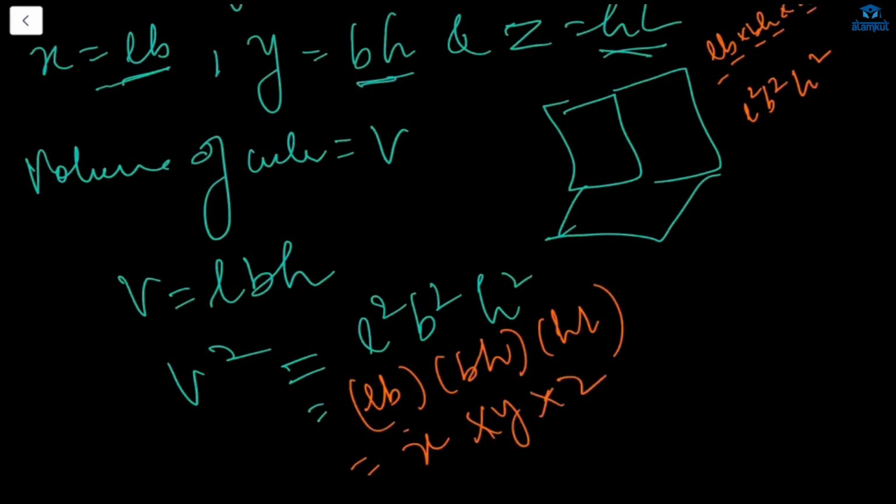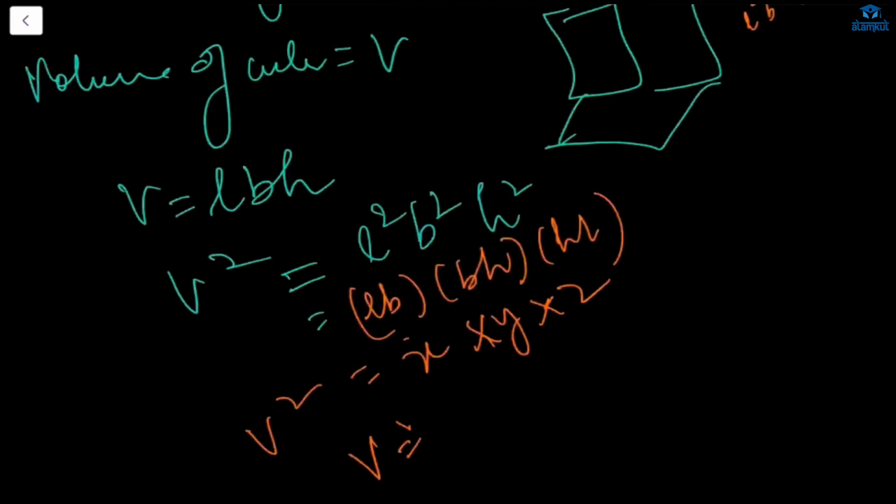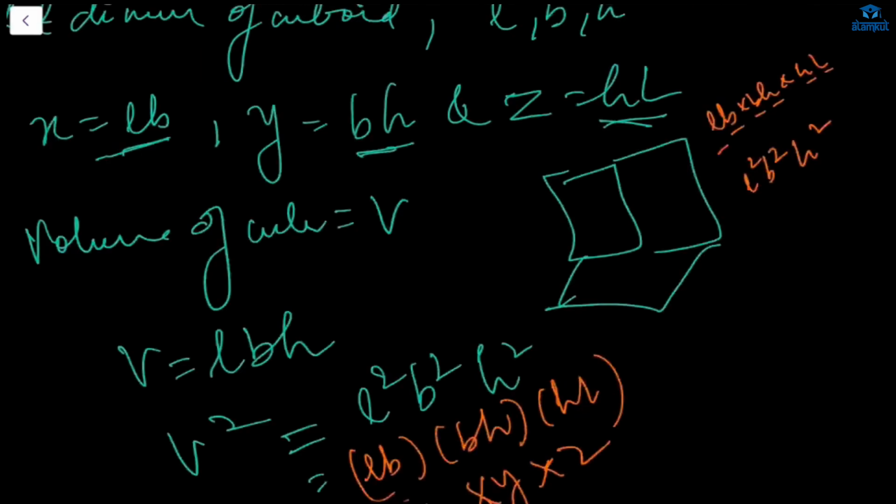Okay, so V square will be this, so V will be equal to root x y z. Understood? आपको x y z के फॉर्म में V की वैल्यू लानी थी.